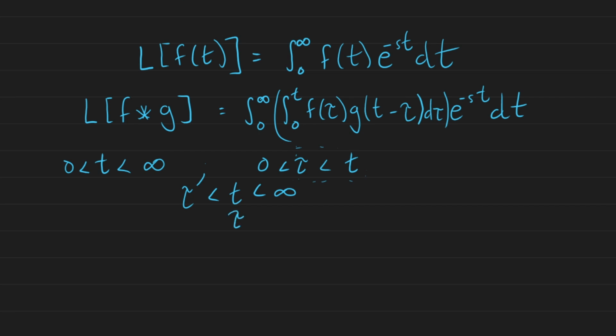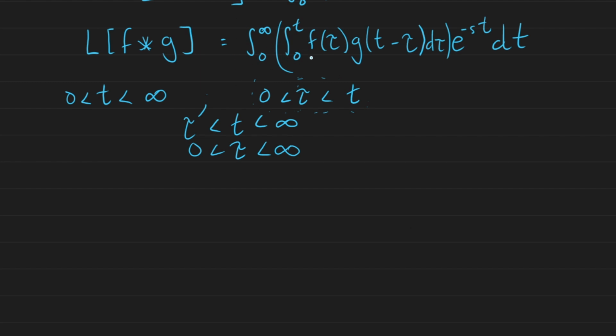Then if we think about tau, tau is going from 0 to t, so that 0 is not going to change. It's still the lower boundary. But if it's less than t, and t can go all the way up to infinity, it means that the same is true of tau as well. So that's how these boundaries change. We have to update these integration boundaries to reflect these new boundaries.